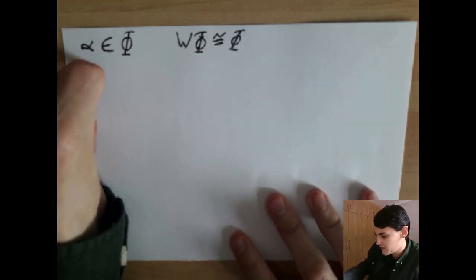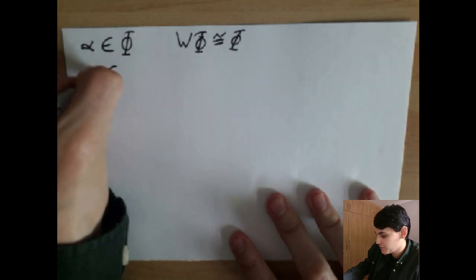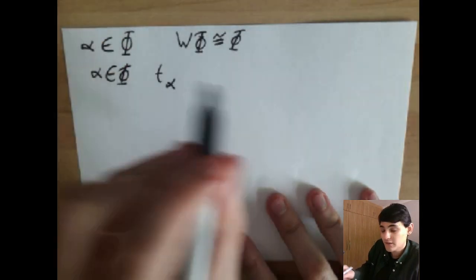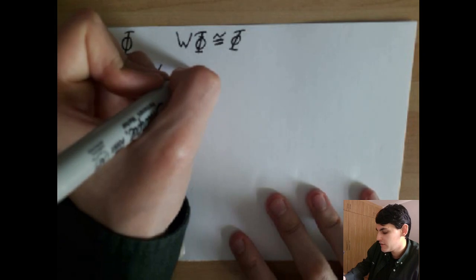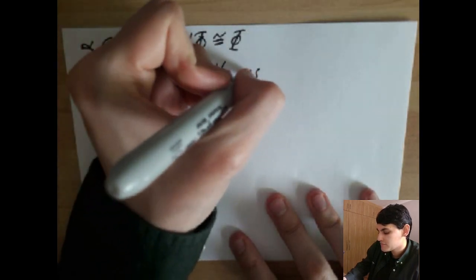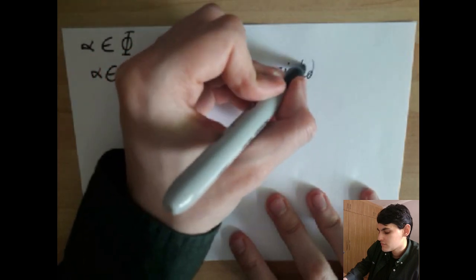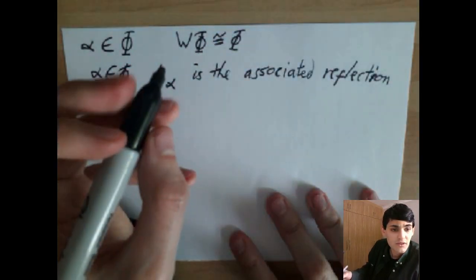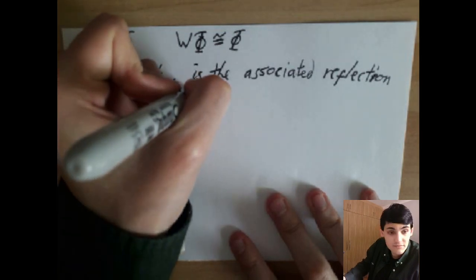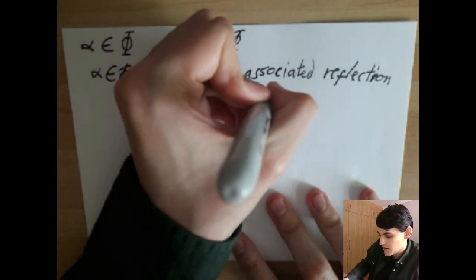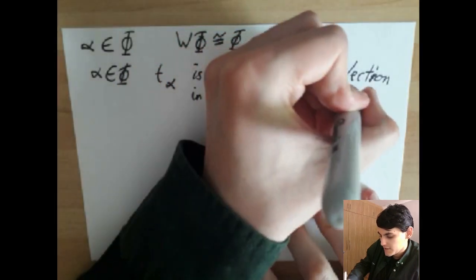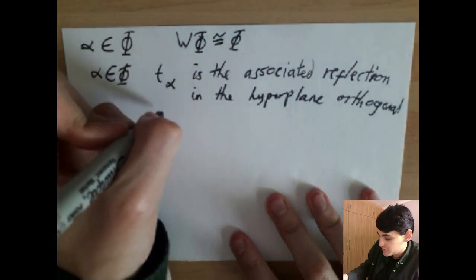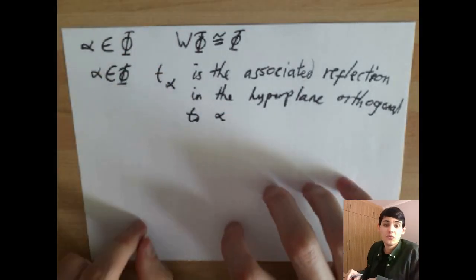It just means that if you've got a root alpha in phi, then T alpha is the associated reflection in the hyperplane orthogonal to alpha.